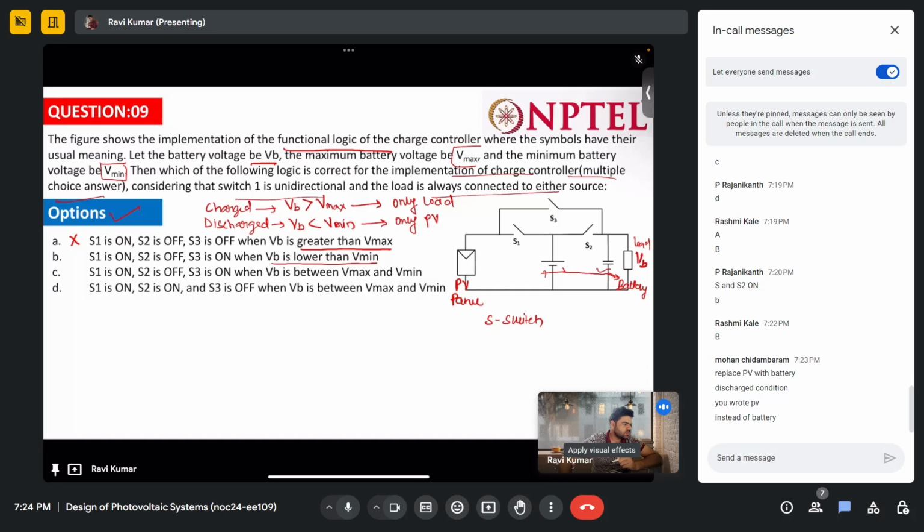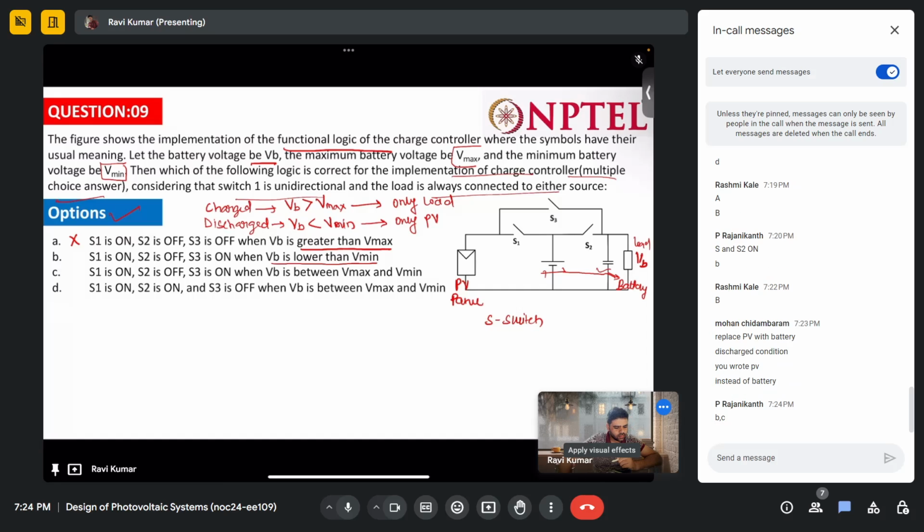You wrote PV instead of battery. No, battery is here. I wrote PV for this.